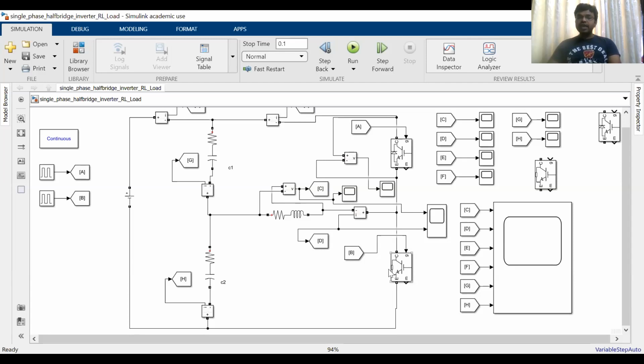Because we are not using any feedback diode, high voltage spikes will occur. Why will the high voltage spikes occur? Because you are not discharging your inductor energy to the source, right? So due to this reason, high voltage spikes will occur.